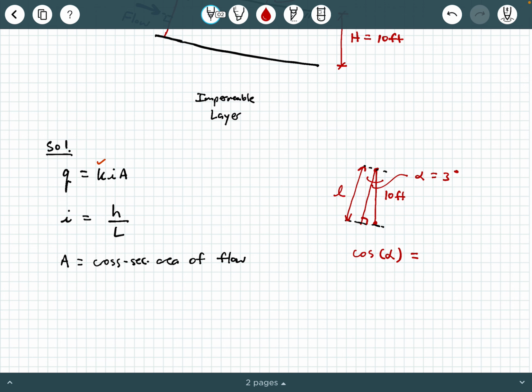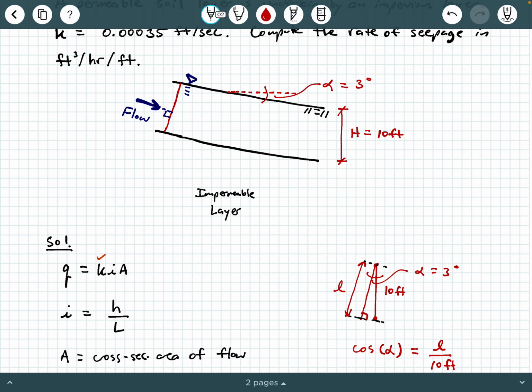I'm going to say that that's adjacent over hypotenuse, which is 10 feet. And then I'm going to call that value little l, 10 feet cosine alpha. And again, alpha is 3 degrees. And so we can get that L value, again, we say 10 times cosine 3 degrees, and that's, you know, almost 10. That's 9.986 feet, okay?